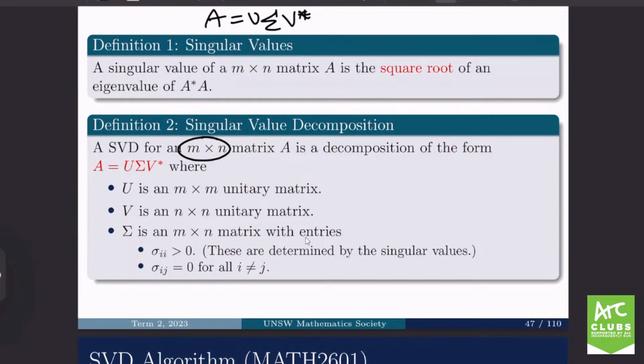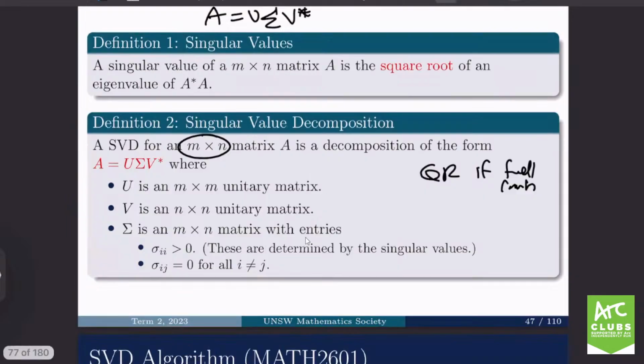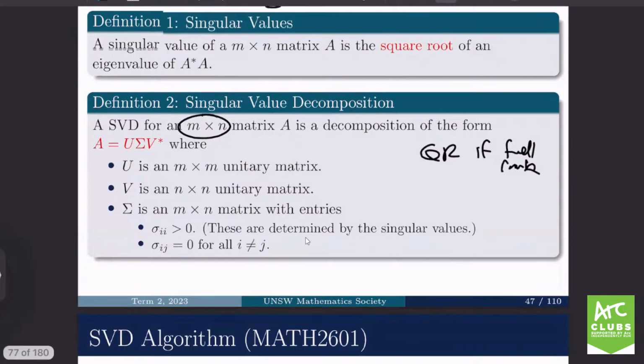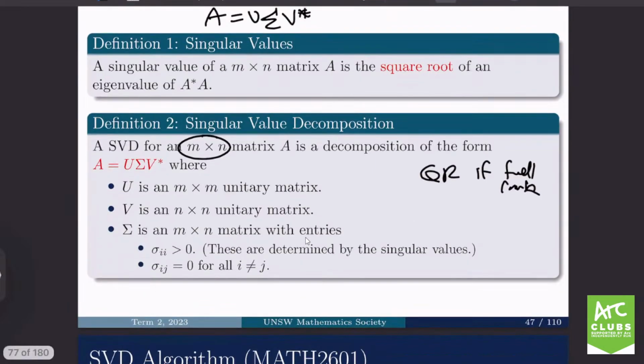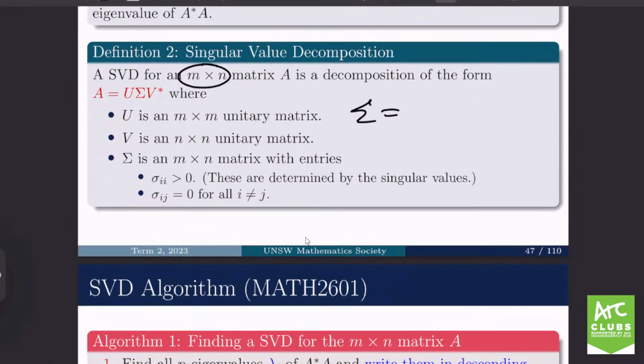Remember that with QR factorization from previously, we could only factorize if it had full rank. In this case, we don't need the extra condition of full rank, so we can just factorize it, and it doesn't even have to be square, it's just m by n. In this decomposition, sigma will be the matrix that's called our singular value matrix.